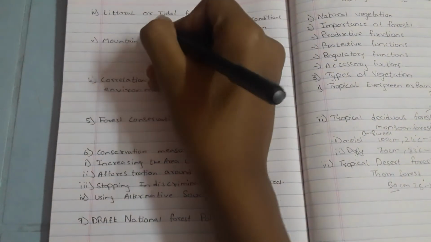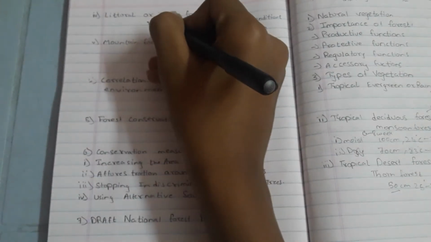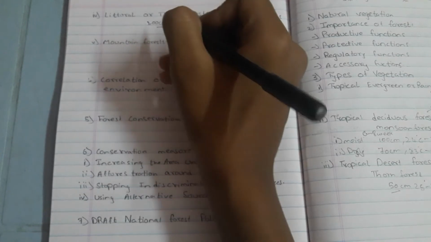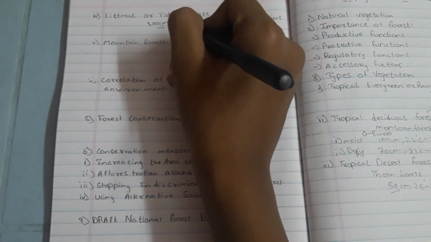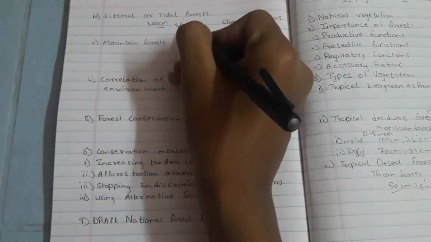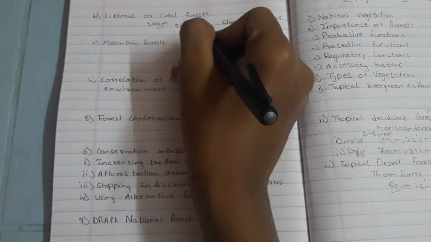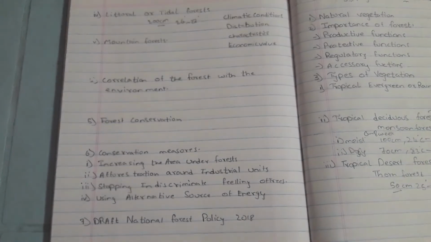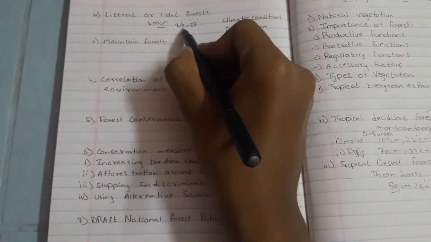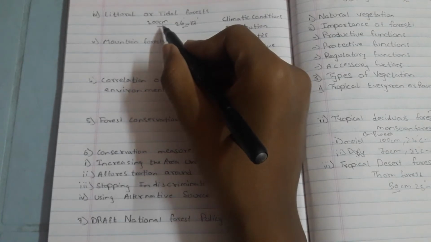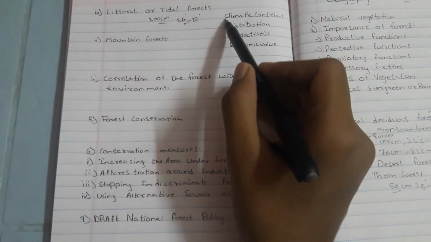Here, the rainfall is more than 200 centimeters, and the temperature is 26 degrees Celsius to 27 degrees Celsius. This is the average temperature of the year, and this is the average rainfall of the year. Now we have completed the climatic conditions.